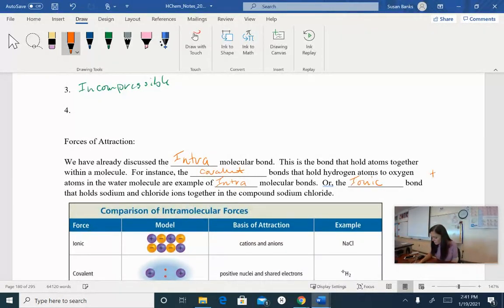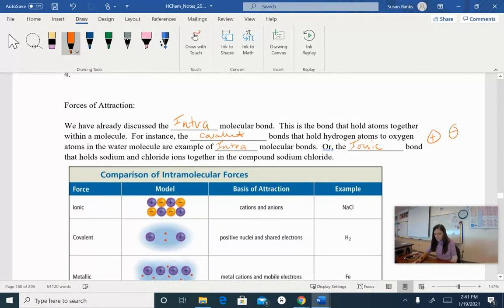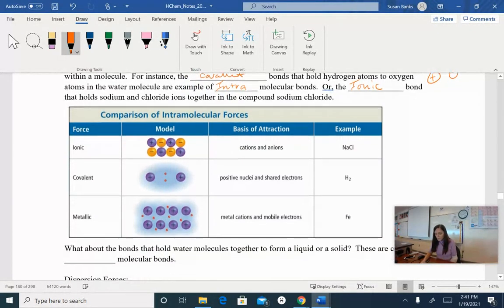Remember, the ionic bond was between a positive ion and a negative ion, and the electrostatic attraction that positives and negatives have, where they attract each other, holds sodium and chloride ions together, for example, in the compound sodium chloride. So here's a comparison of the intramolecular forces that we've talked about.